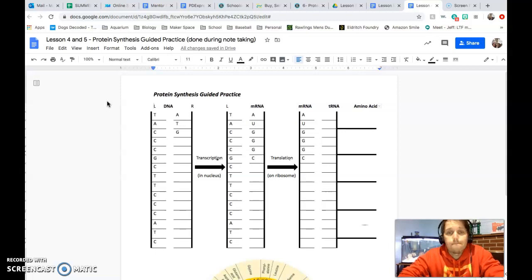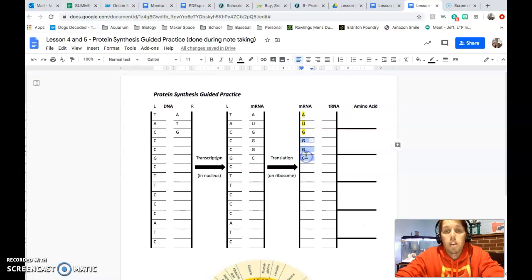Alright, so when we left off yesterday, we had our mRNA strand as a result of transcription. What we're going to do now is take the mRNA 3 letters at a time, which remember those 3 letters are called a codon, and we're going to turn them into amino acids. To make sure that we're not repeating our letters, so we know A, U, and G are grouped together, what I would recommend doing first is just going in and highlighting 3 at a time.